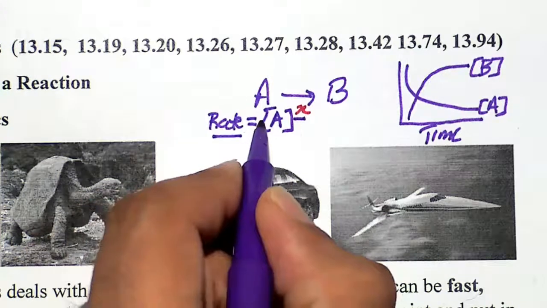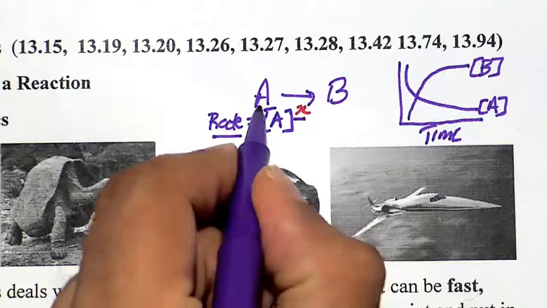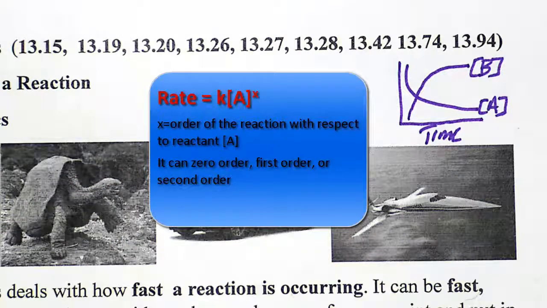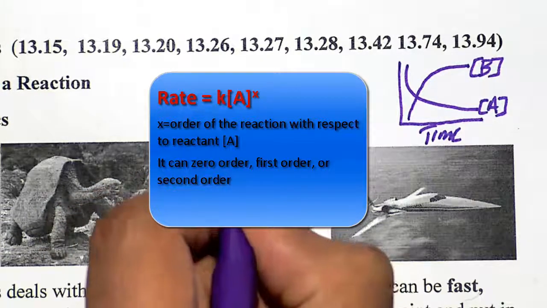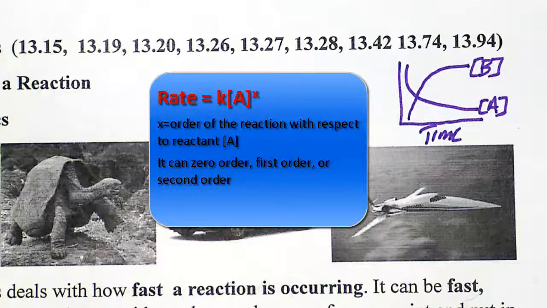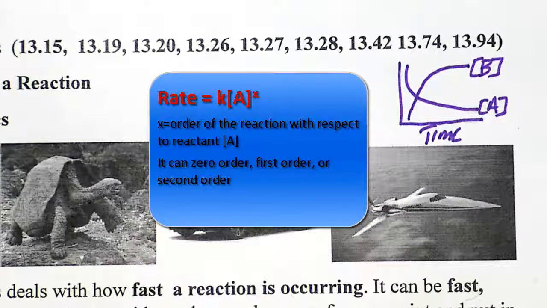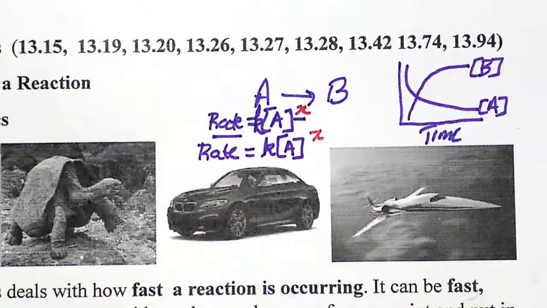And then finally, not only is the order of the reaction important, but this proportionality constant K. That is a rate constant. So if I'm going to write this again, the rate of A going to B is going to equal the proportionality constant K times how much of A we started off with, and that concentration of A is raised to the power of X, the so-called order of the reaction.